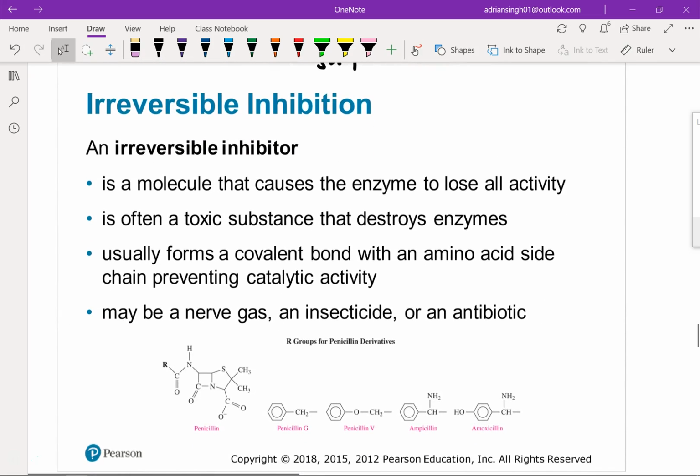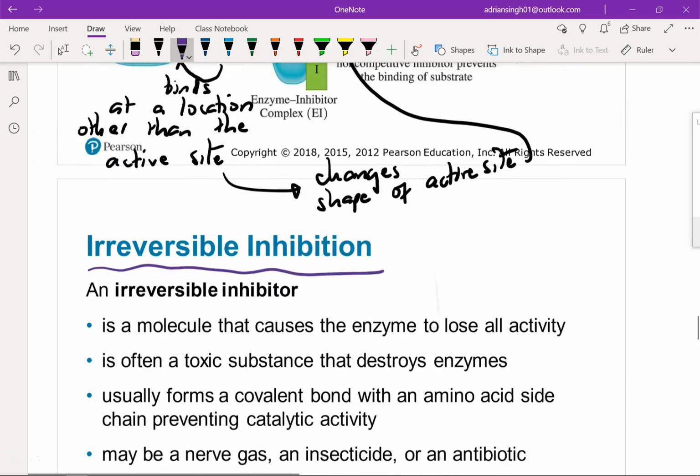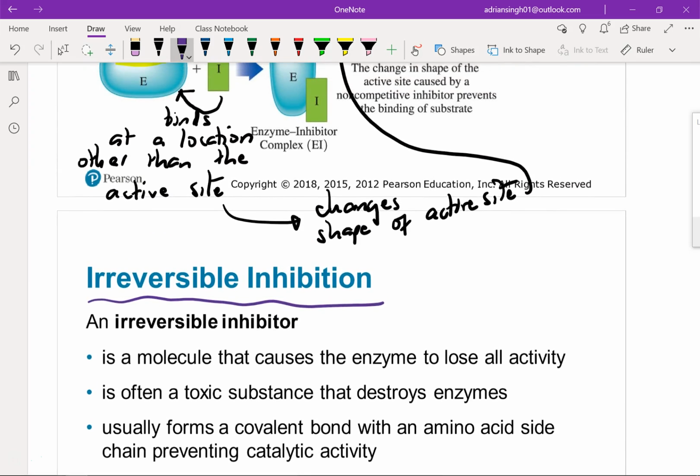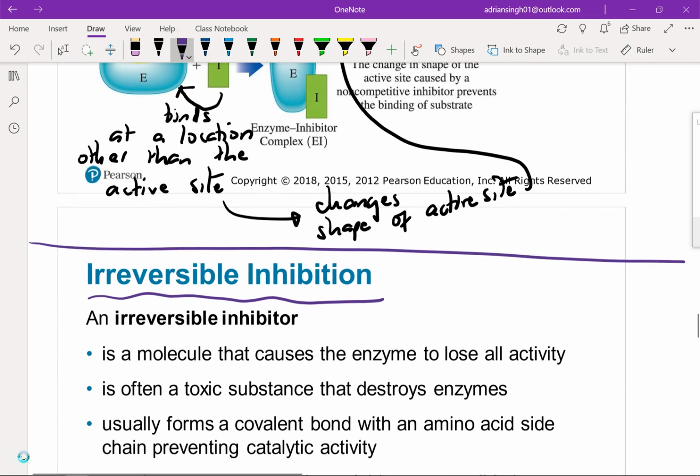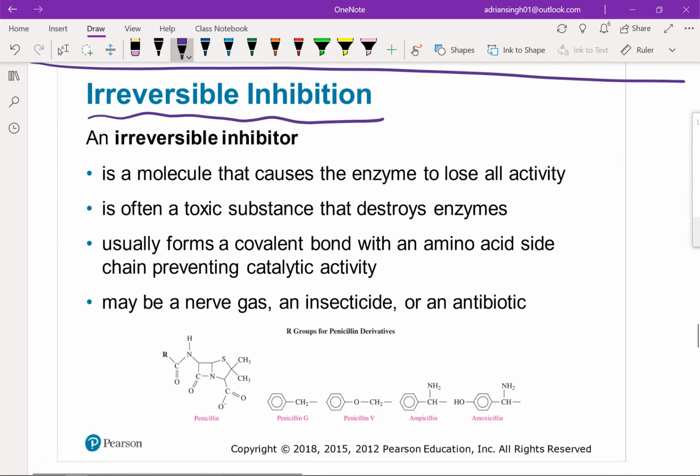The last type of inhibition here is called irreversible inhibition. All of the two previous examples that we talked about were reversible inhibitions, meaning that eventually the inhibitor would fall off and then the enzyme can return to its normal function. In an irreversible inhibitor, the inhibitor that binds to the enzyme causes the enzyme to lose all of its activity.